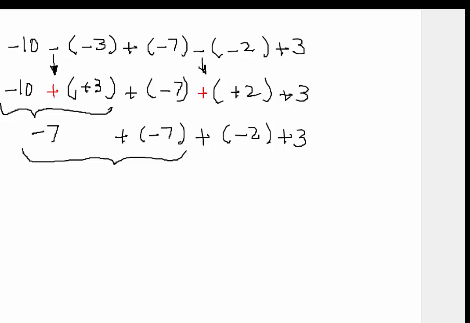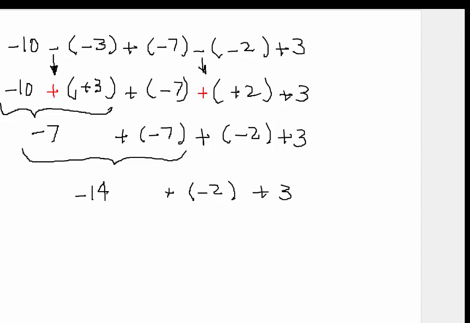Negative 14. So you see, when you have two or more negative numbers to be added together, the result would still be minus, right? Just like balancing your checkbook.